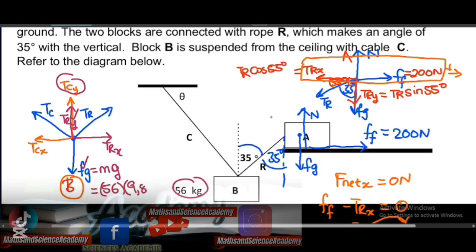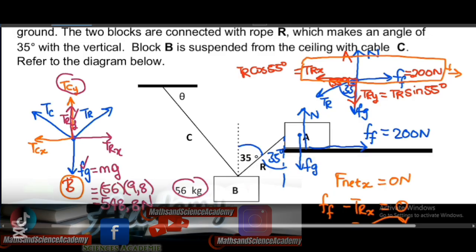So now our Fg will be equal to 56 times 9.8. Punching that on your calculator gives us 548.8 newtons.